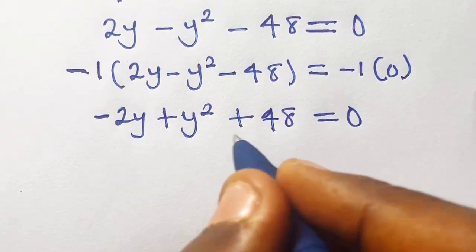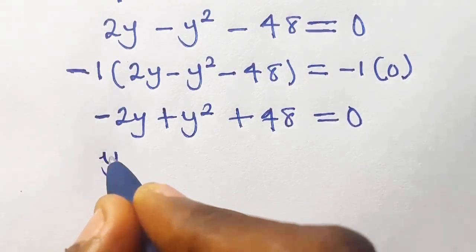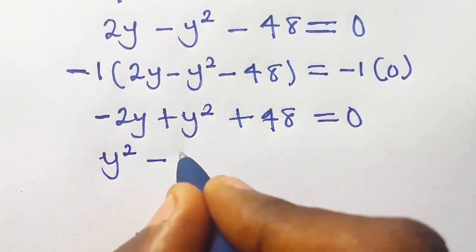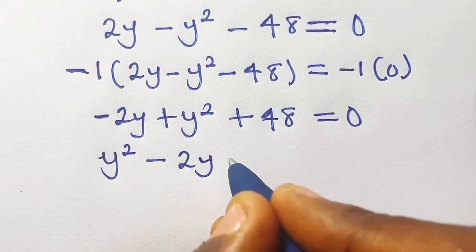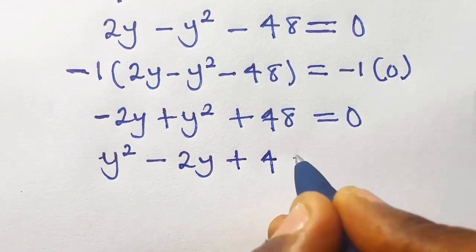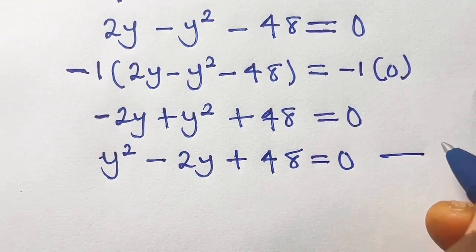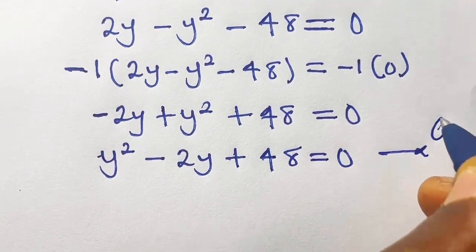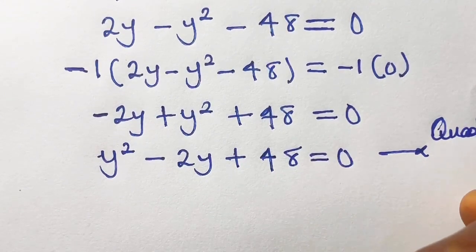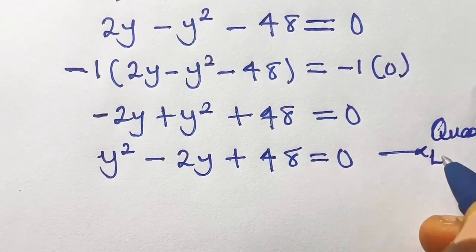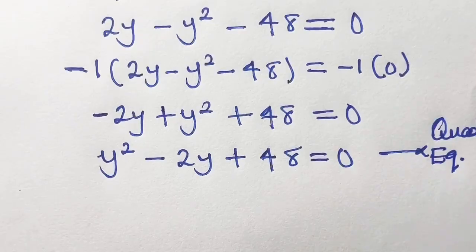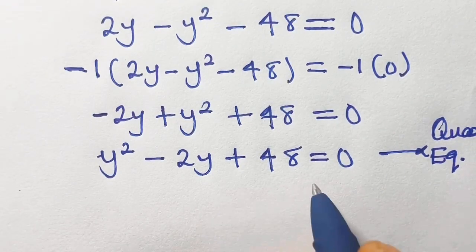So we can arrange now. We have y square minus 2y plus 48 equals 0. Guys, if you look at this, you will see that this is a quadratic equation. Alright, so we have to solve this quadratically.